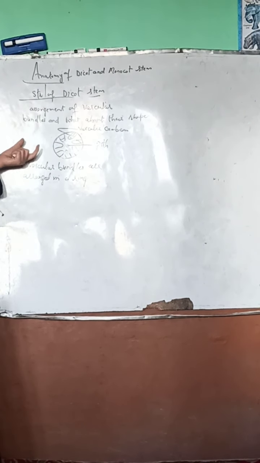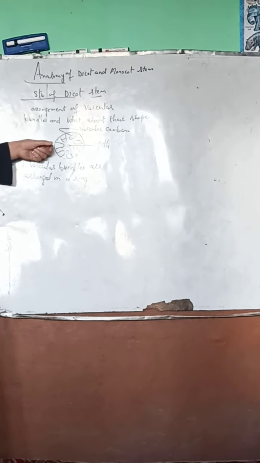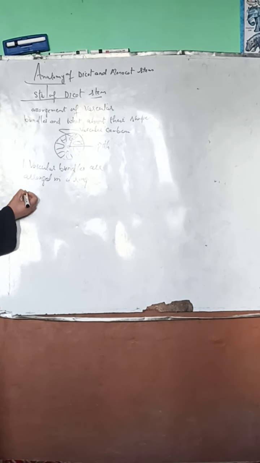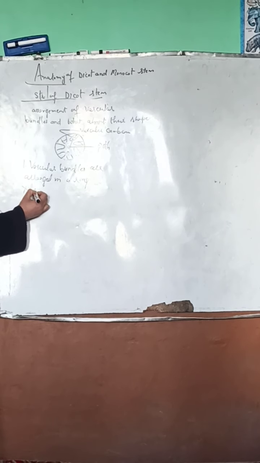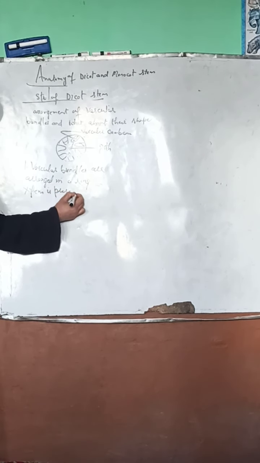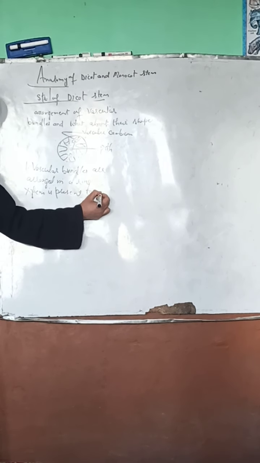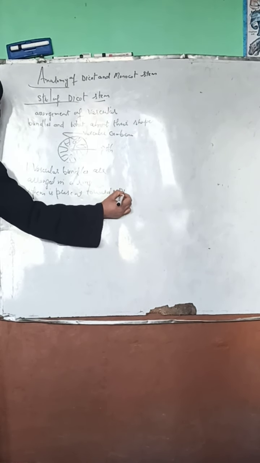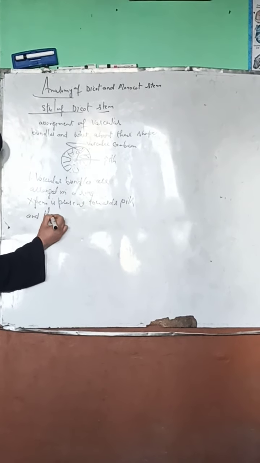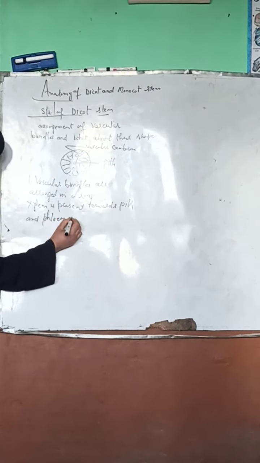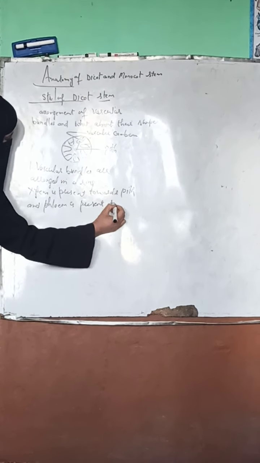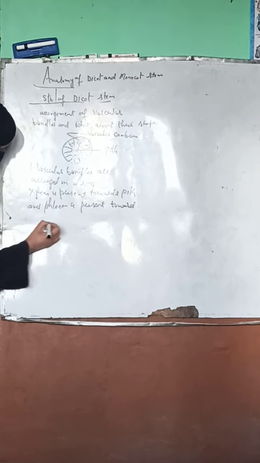Xylem is present towards pith and phloem is present towards periphery.